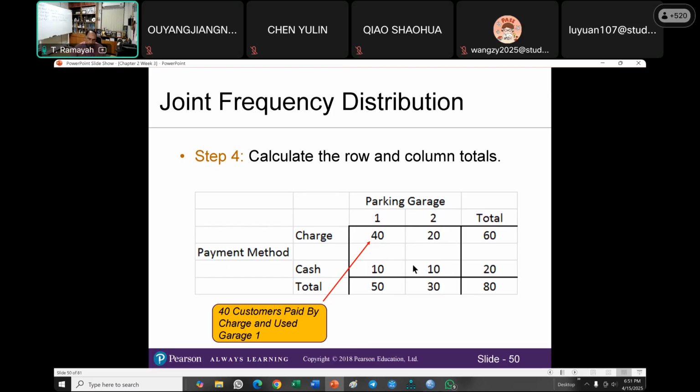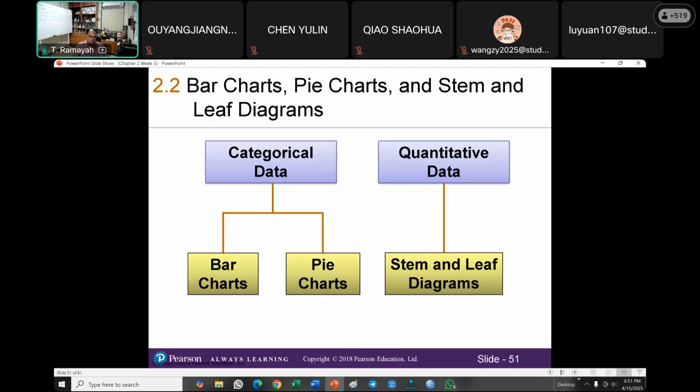We can also calculate the grand percentage, total, 40 divided by 80. So we can calculate 3 percentages. That we will do in another class called cross-tabulation. We will calculate the column percentage, row percentage, and total percentage. But for this frequency distribution, we will not be doing that. We are just looking at the number based on the two characteristics.